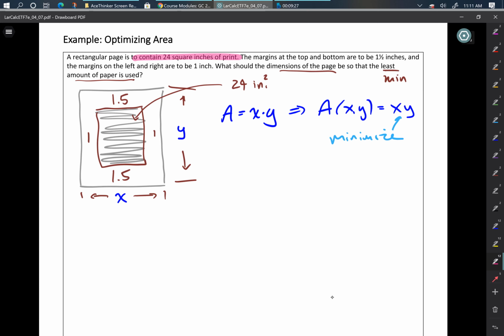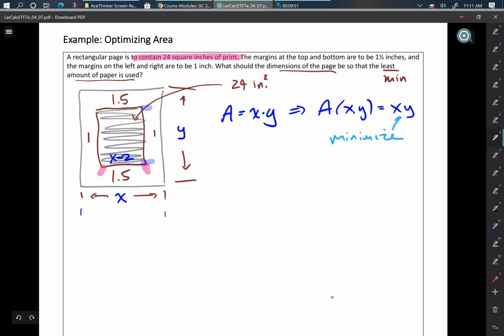But that's that inside piece. And I don't know the dimensions of that inside piece. So how far is it from there to there? Or how far is it from here to here? Right? I think horizontally, that's x minus 2. Whole width is x.